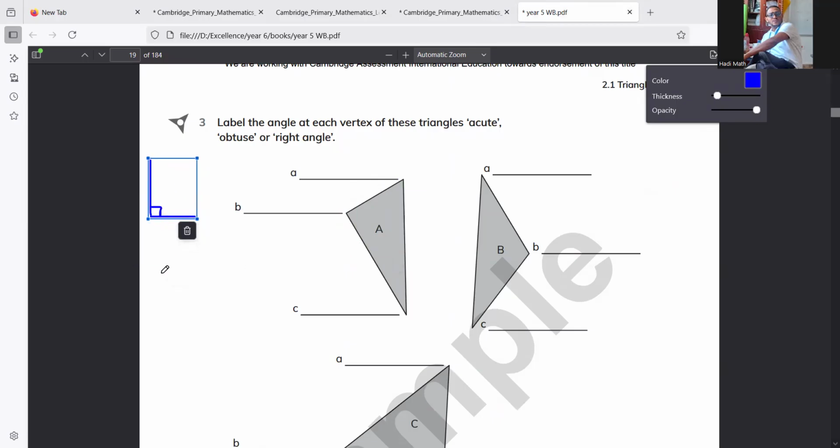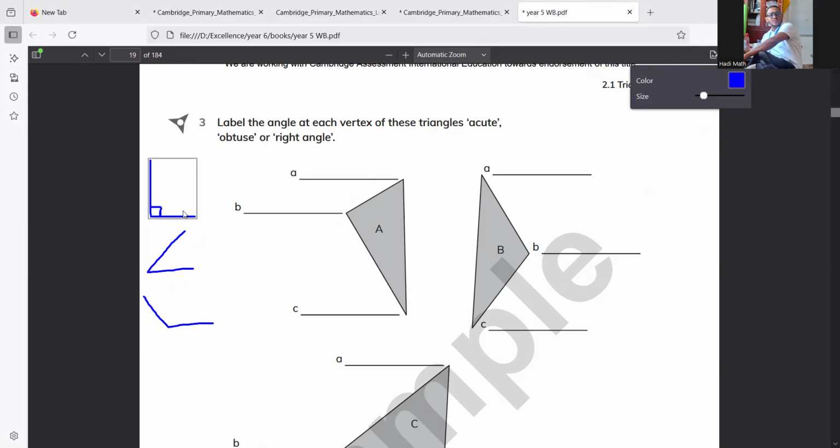Any angle less than this angle, when the opening is less than this one, we call it an acute angle. And an angle bigger than 90 degrees, we call it obtuse. When it's open, bigger than 90.